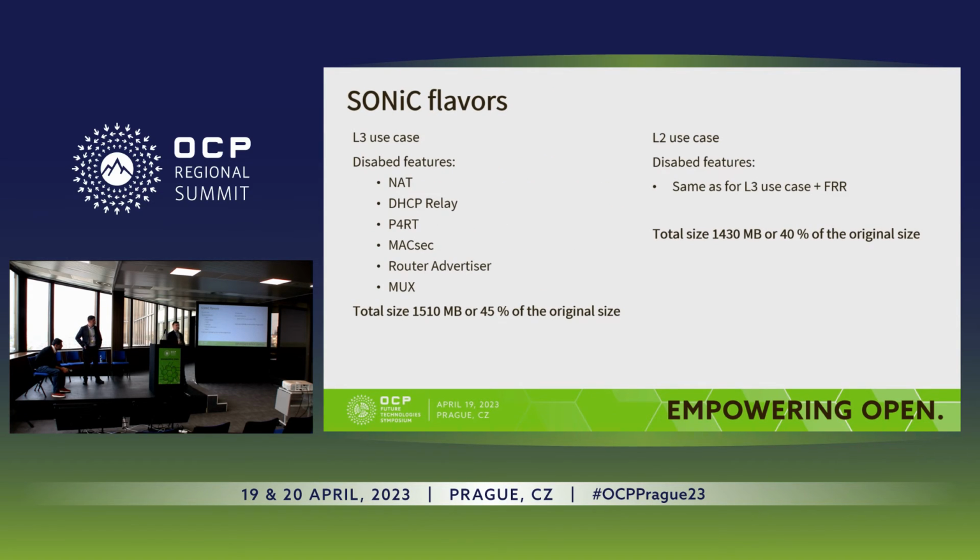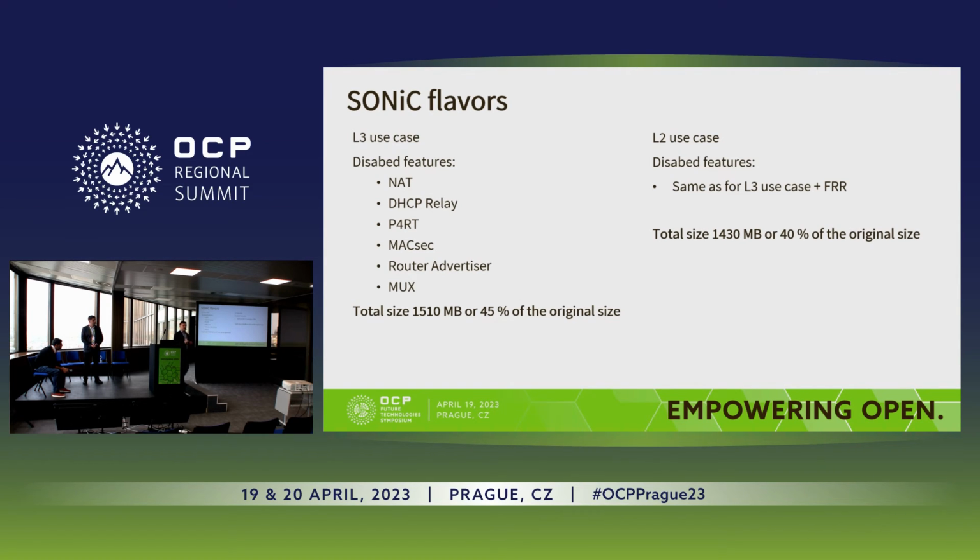And we went further. We started to think about SONiC in the data center use case. You have FRR, BGP, iBGP, ISIS, OSPF, MCLAG, sFlow, and other really interesting features. For management and access, you don't need them.